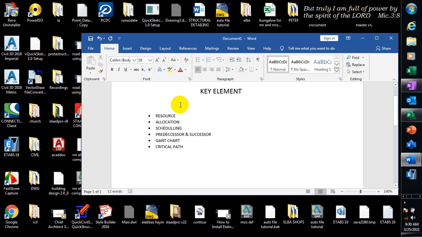Coming to our resource, it's actually a profile that is needed to perform a particular task. For example, in the construction of a dam, you're definitely going to need a highway engineer for the road networks.